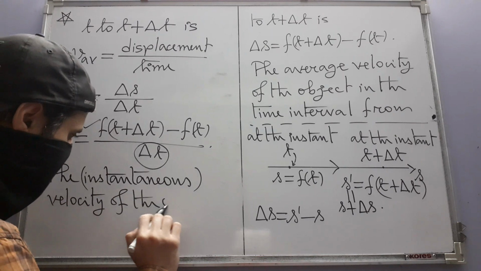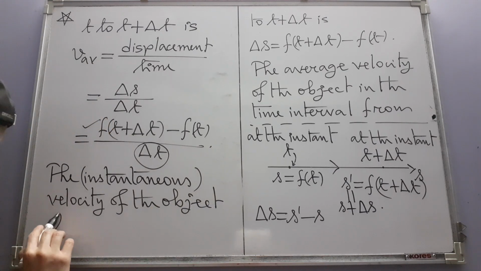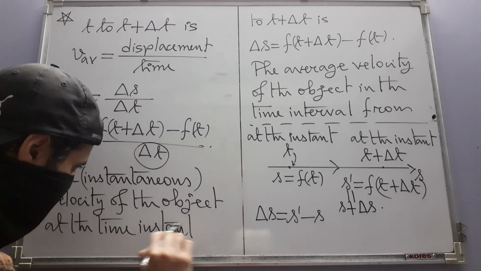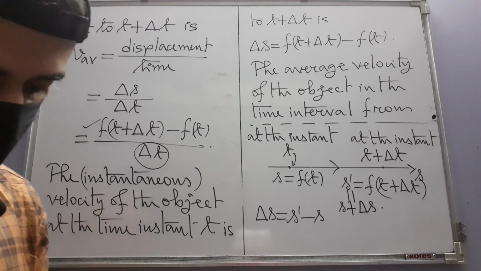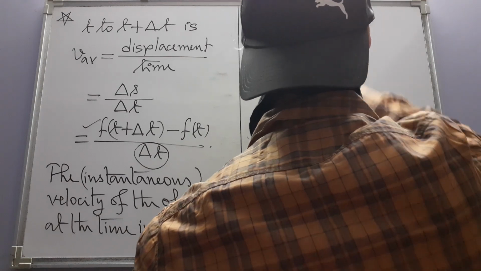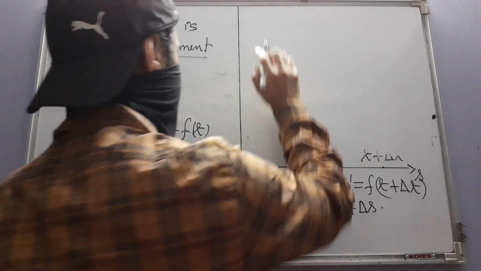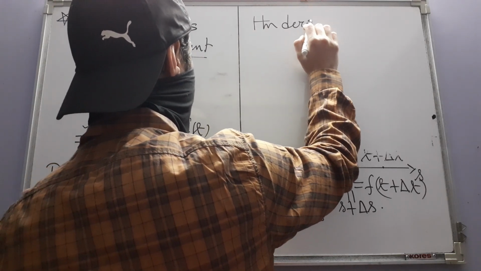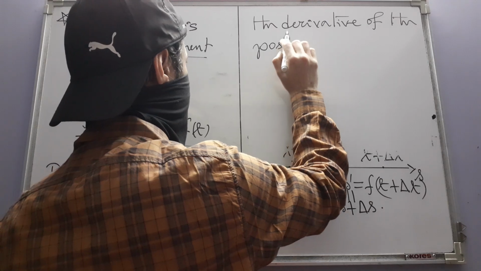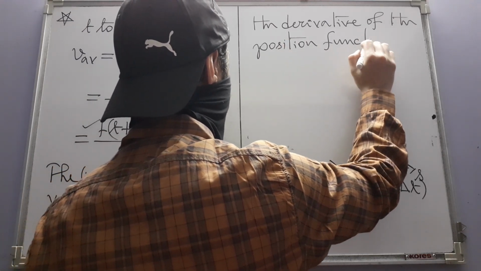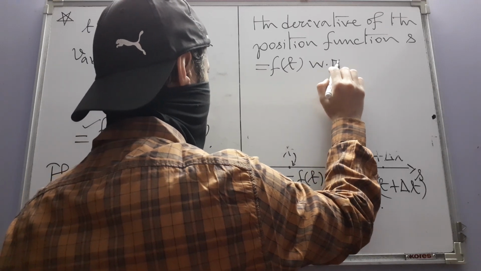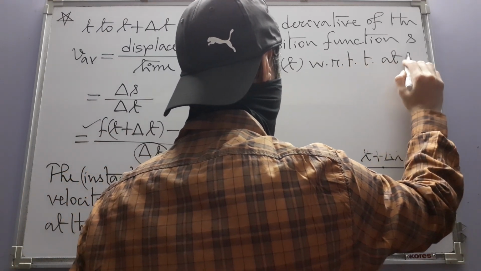Of the object at the time instant t is the derivative of the position function s equal to f of t with respect to t at t.